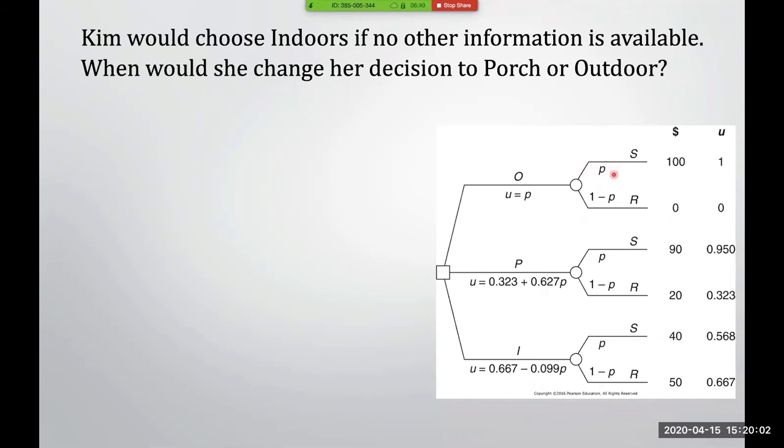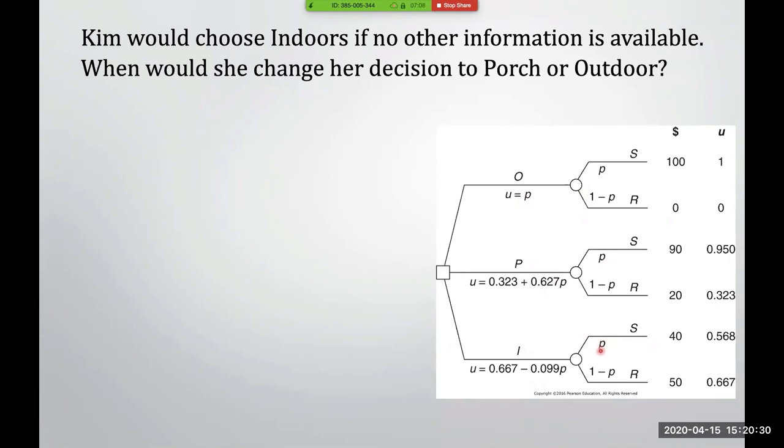Now, the choice between outdoor, porch, or indoor is essentially a choice between these 3 deals. Again, the P's in the 3 deals are the same, because the choice of party location doesn't change the probability of the weather being sunny or rainy.